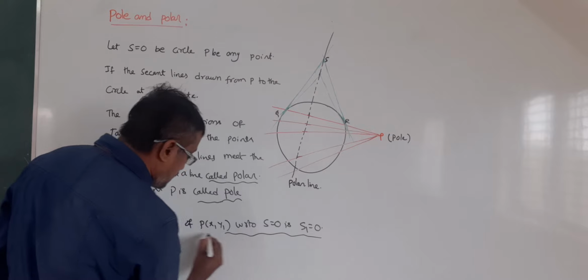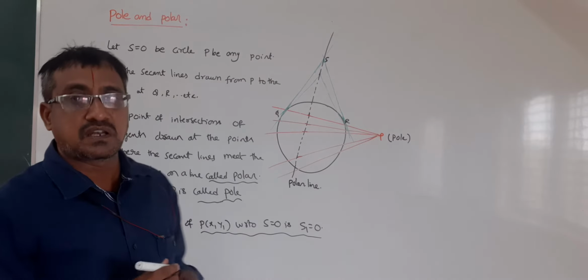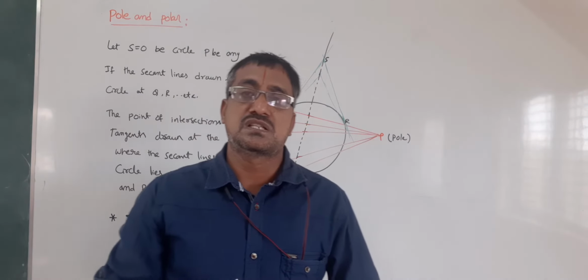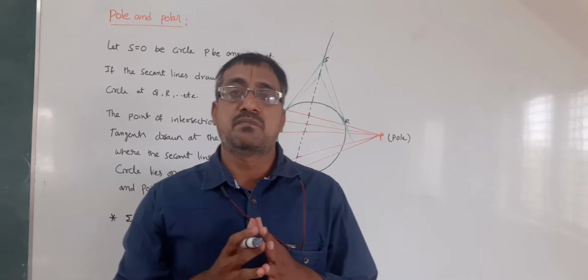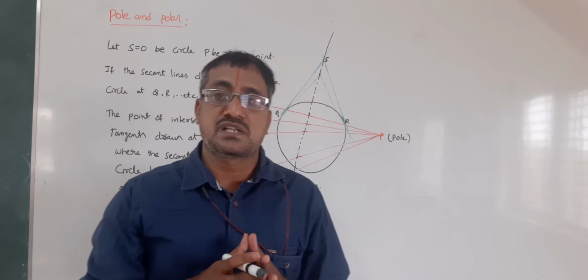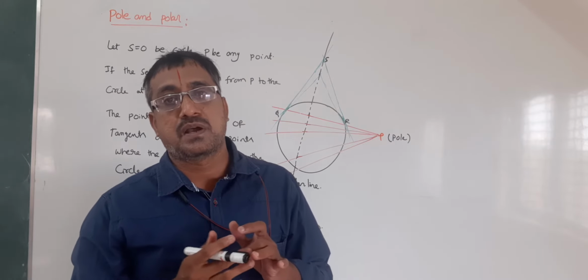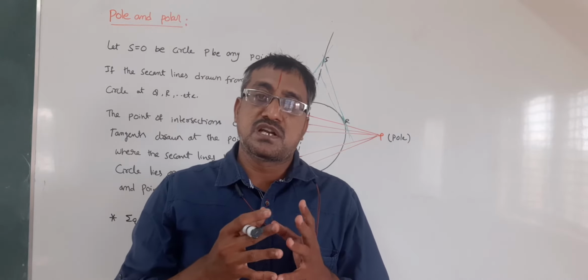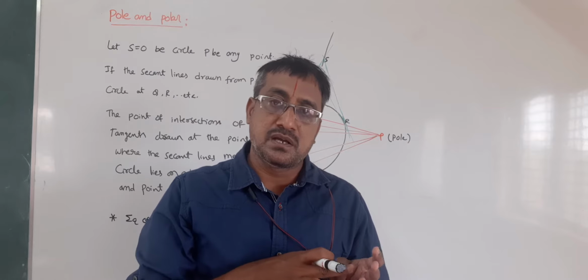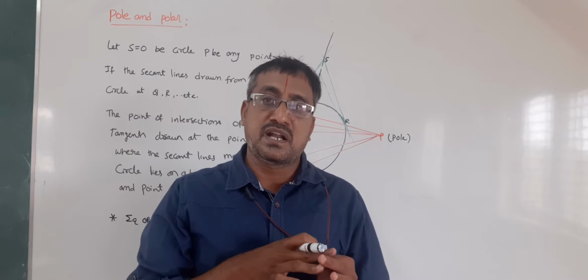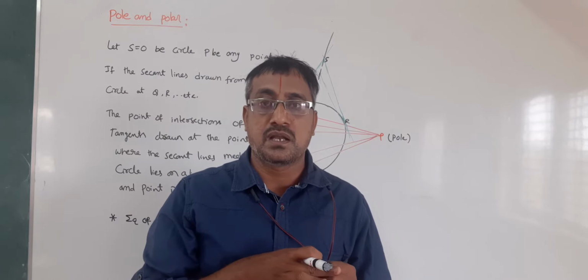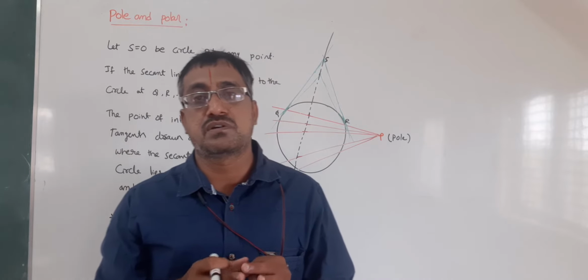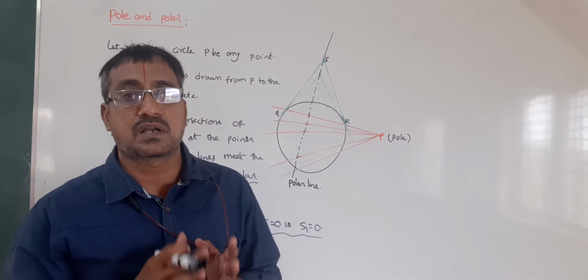Remember, throughout the conic sections, that is circle, parabola, ellipse, hyperbola, the equation of the tangent at the point, chord of contact and polar line is S1 = 0. Very, very important concept.